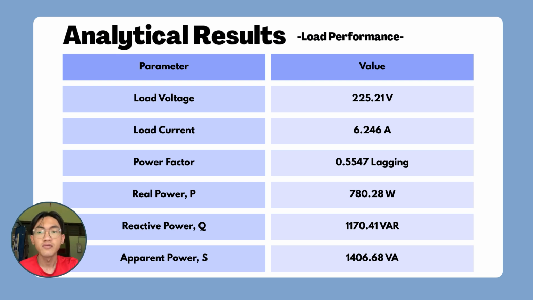For the power values, the real power is 780.28 watts. The reactive power is 1170.41 VAR, and the apparent power is 1406.68 VA. We will use these numbers later to check whether our simulation is correct or not.